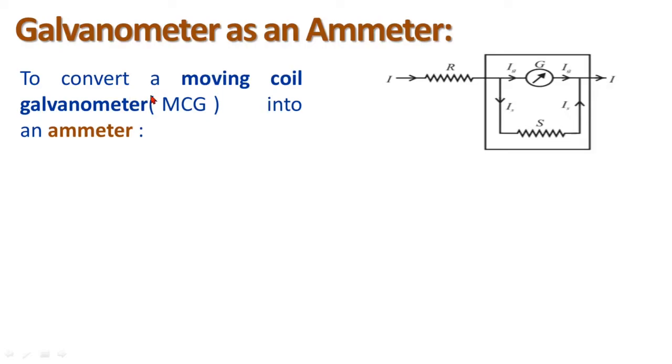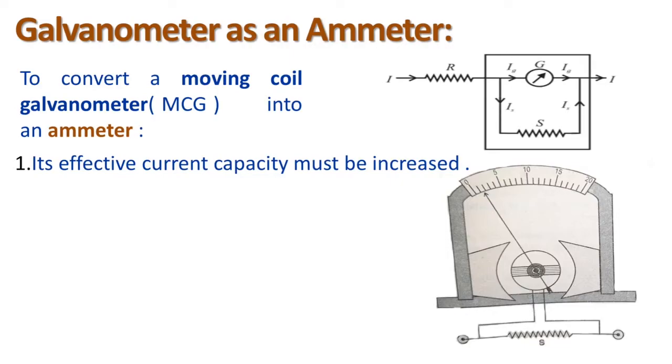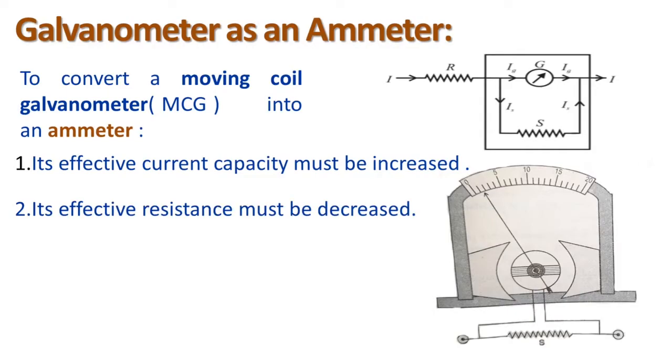To convert a moving coil galvanometer MCG into an ammeter, the modifications necessary are: its effective current capacity must be increased to the desired higher value, its effective resistance must be decreased. The finite resistance G of the galvanometer, when connected in series, decreases the current through the resistance R, which is actually to be measured.